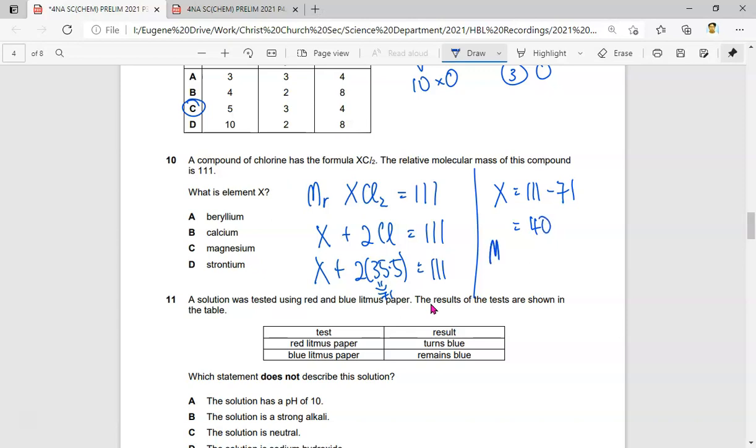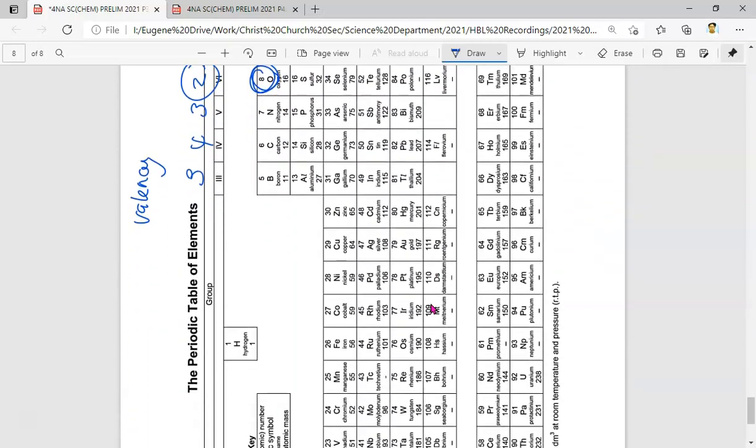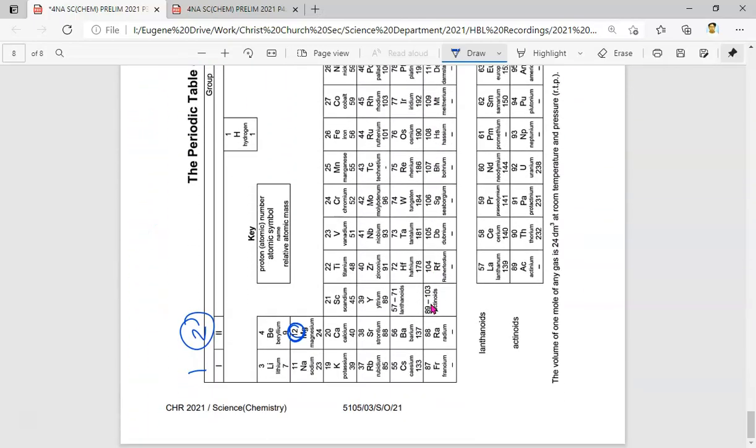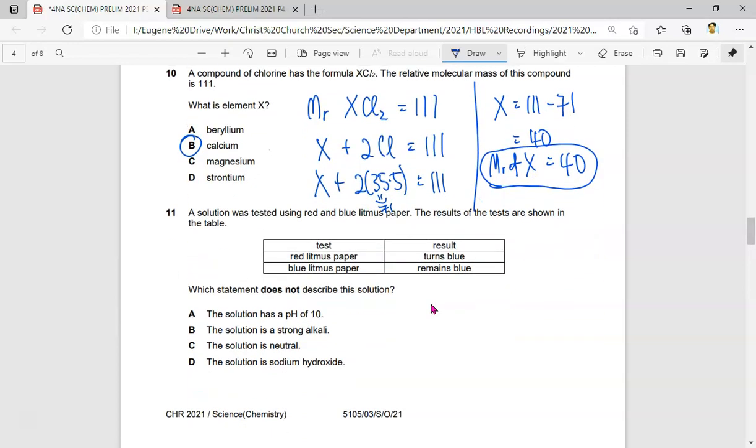So the Mr of X is 40. If I look through all the elements on the periodic table, which element has an Mr of 40? The answer is calcium. So the answer for this is B. So you find the element with an Mr of 40. Okay, so that's for question 10.